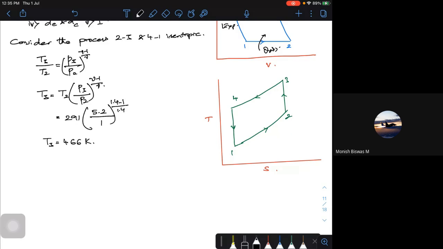Just cross check this. Are you getting the same value? 466 point some decimals, leave the decimals but round it off.